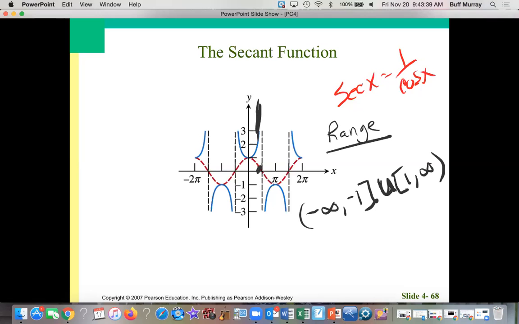All right, it's basically everything but that little gap in there, right? This is 1 to infinity. This is -infinity. Okay. And it's written on your little note sheet too. Okay.